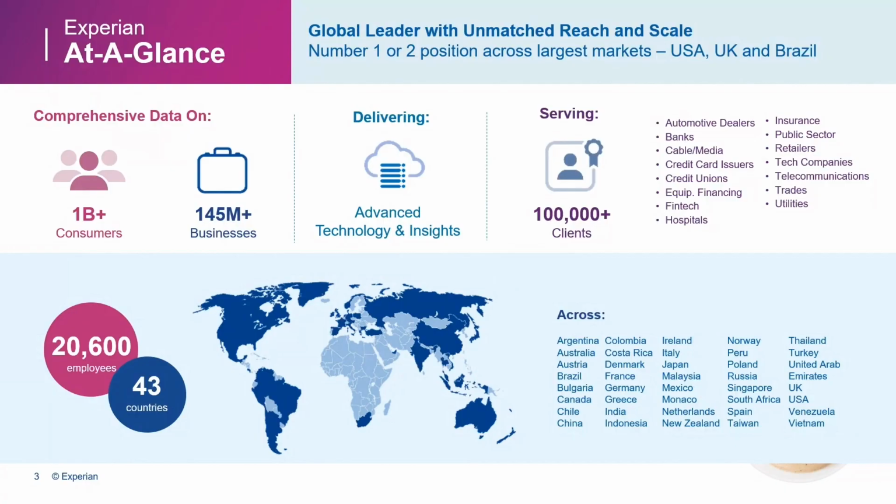Now, many clients are familiar with Experian as the leading U.S. credit bureau, but what you may not have known is Experian has over 20,000 employees around the world operating in 43 countries. Our expertise in consumer and business credit information, combined with our global reach, give us a unique advantage in the market, both at home and abroad.